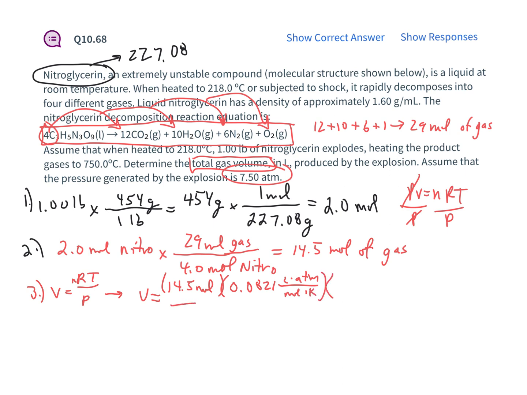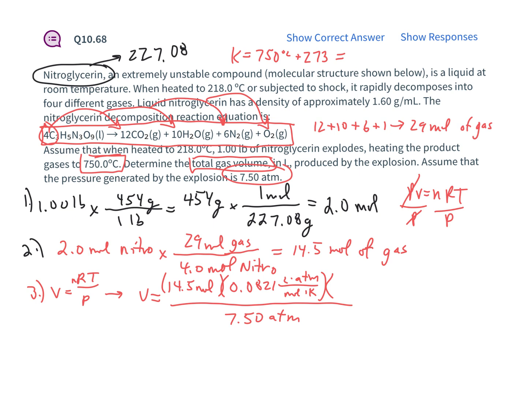We need to find our temperature, and the pressure is 7.5 atm. For our temperature, the temperature of this reaction is 750 degrees Celsius, so Kelvin equals 750 plus 273.